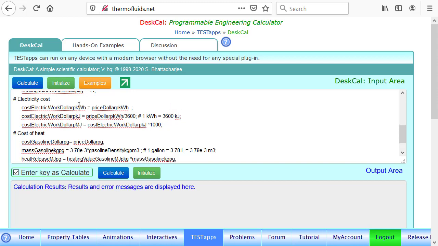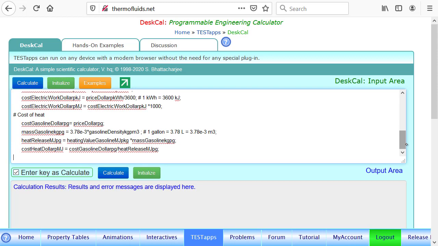So for 3600 kilojoules, we know the price. For 1 kilojoule, we simply divide by 3600. And for the cost of electricity per million joule, a million joule is 1000 kilojoule. So the cost will be 1000 times higher for a million joule. That gives us the price of electricity per million joule. Essentially, it is a bunch of unit conversions.